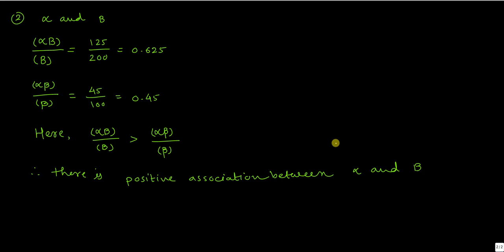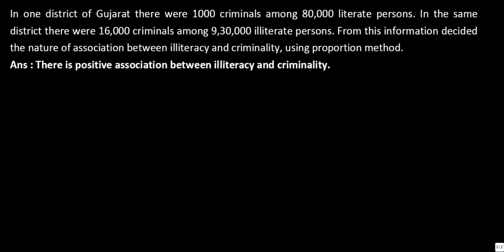Now we are taking a word problem on the proportion method. It is a very important question. In one district of Gujarat, there were 100 criminals among 80,000 literate persons.